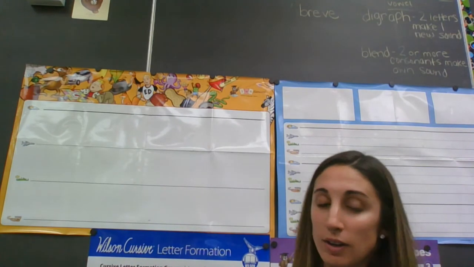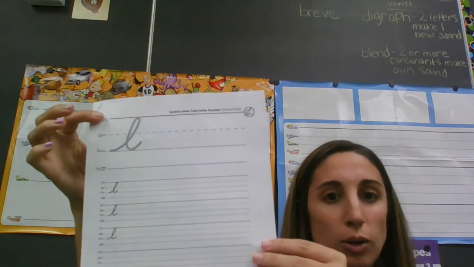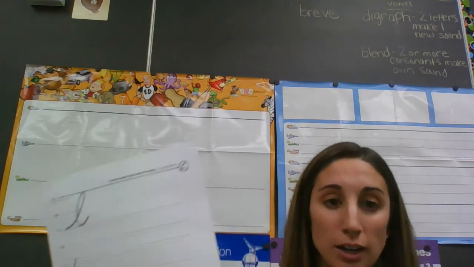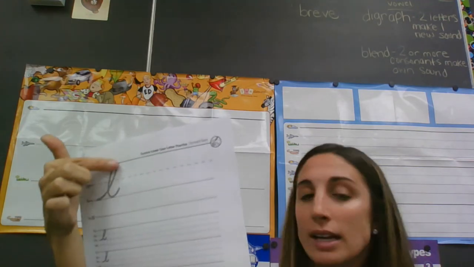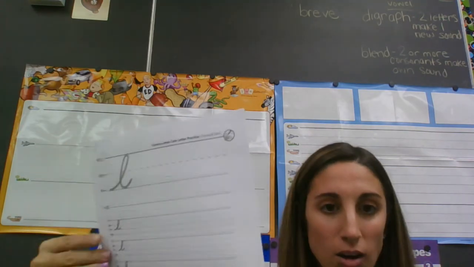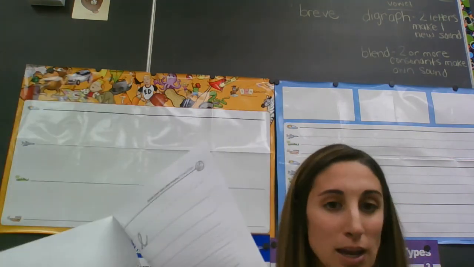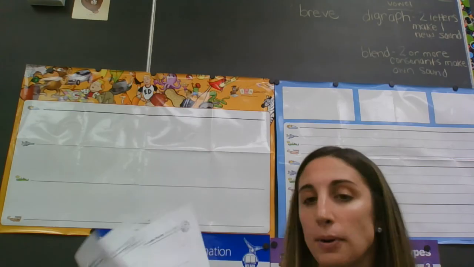The last thing we did in Fundations today was I gave every student in my room a little practice cursive packet with the 3 loop letters that we've learned so far. So students traced the lowercase l and practiced. Then if you go to the next page, they traced the lowercase e at the top and practiced.